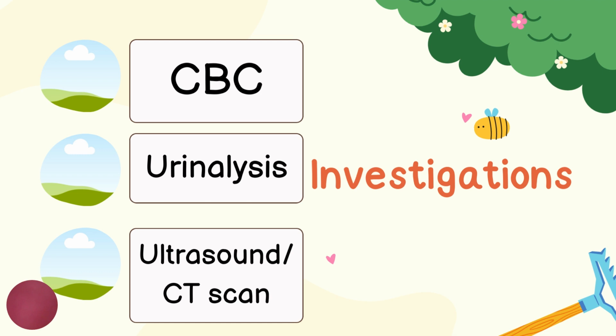Ultrasound abdomen is done only in females of reproductive age to rule out gynecological pathologies like ruptured ovarian cyst and ruptured ectopic pregnancy. CT scan abdomen is also needed only in those cases when there is diagnostic difficulty or diagnostic confusion.